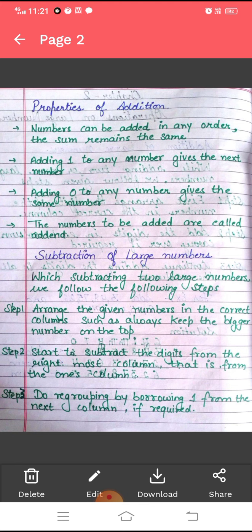Step 2 is to start subtracting the digits from the rightmost column, that is the ones column. Step 3 is to do regrouping by borrowing 1 from the next column if required. If our number is smaller, then we will borrow from the next column.